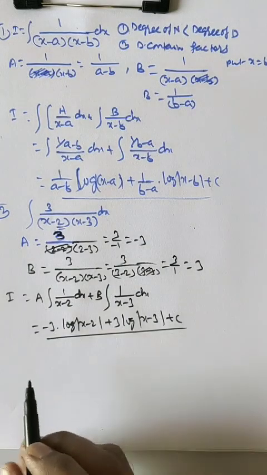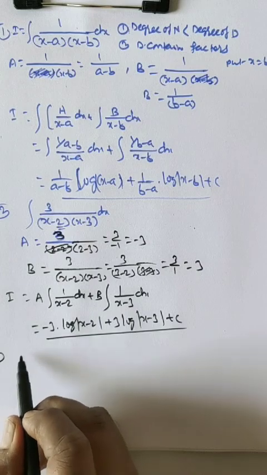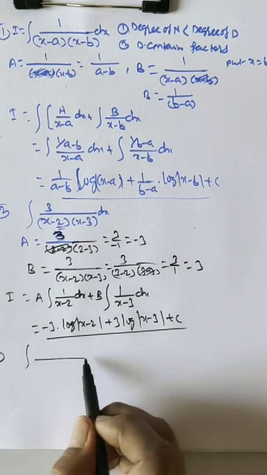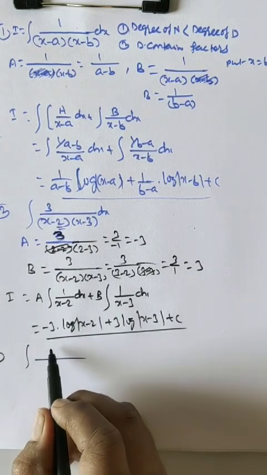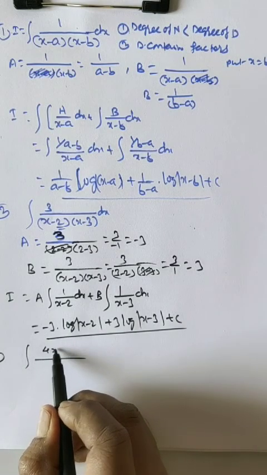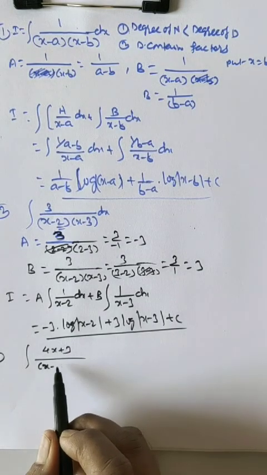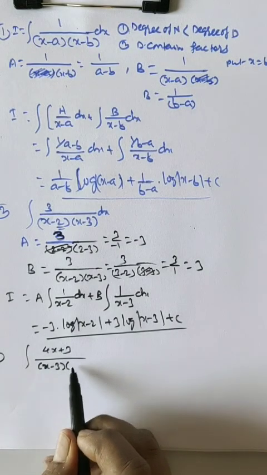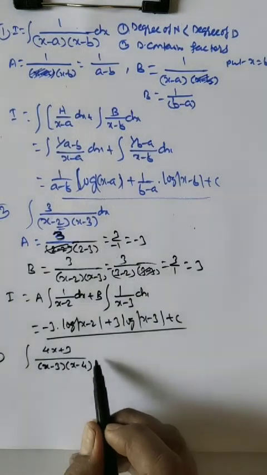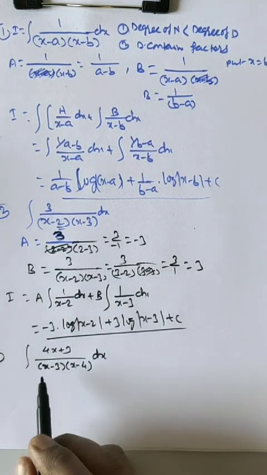Third example, integration of 4x plus 3 upon x minus 3 into x minus 4 dx. Now we first find a.